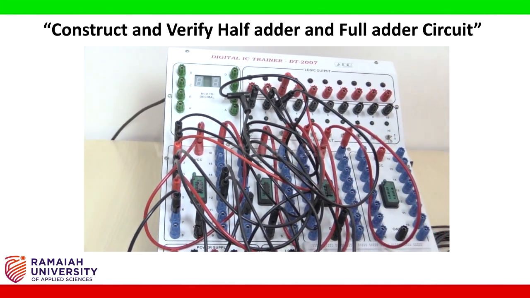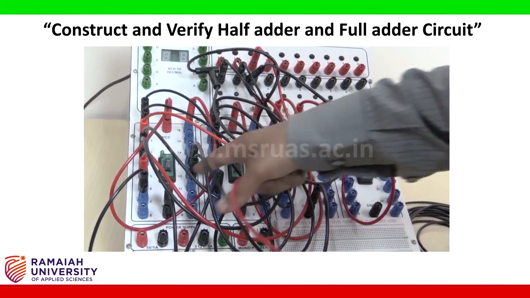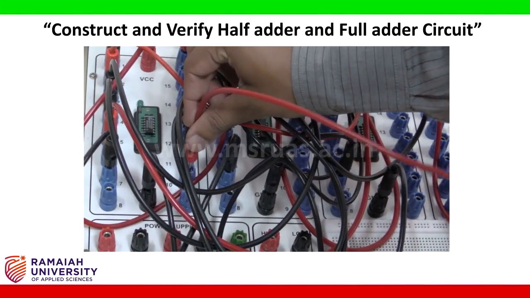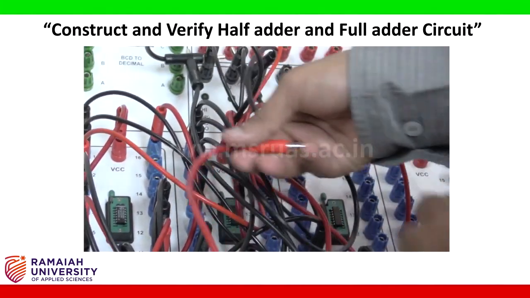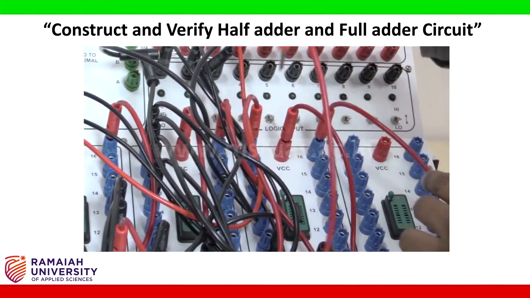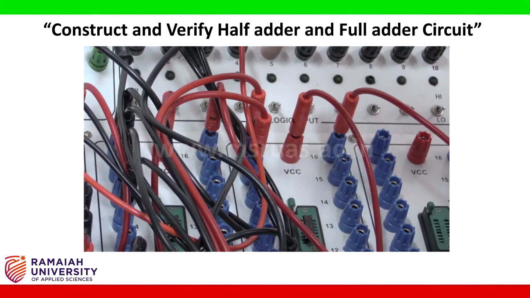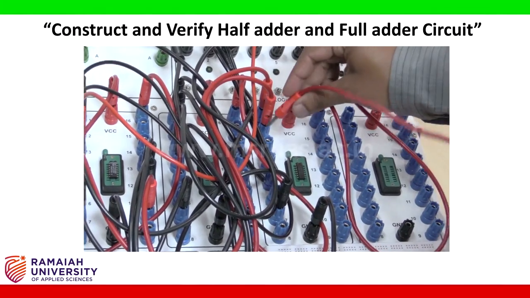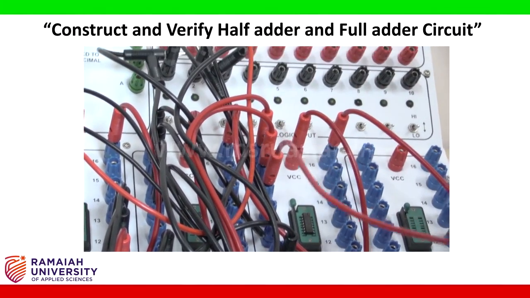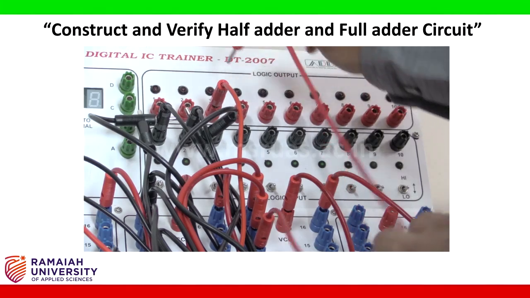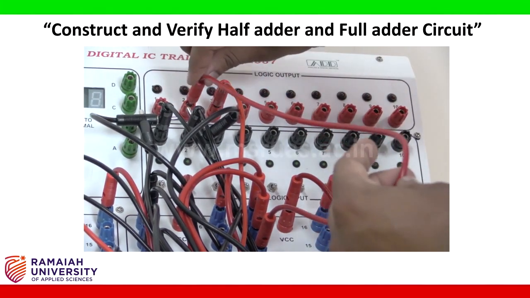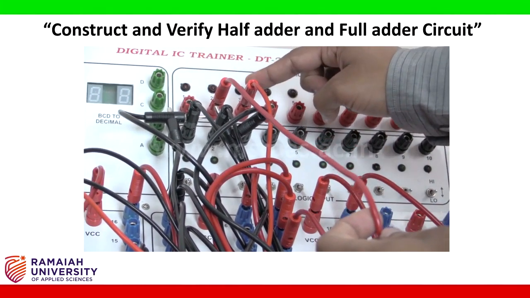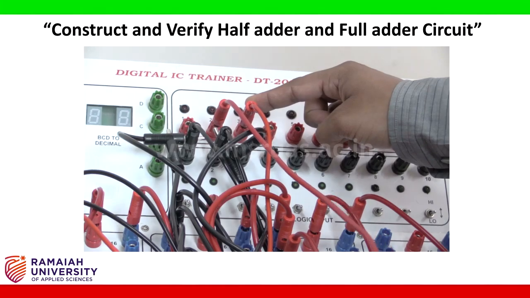Now pin number 10 of this, or pin number 8 we can say, this is the output of the AND gate, which is connected as input of the OR gate, that is pin number 2 of the third IC base. Now the output of this OR gate, that is pin number 3, is connected as output, and which represents the sum. I am going to connect here at pin number 2. This represents sum and this represents the carry of the half adder circuit.